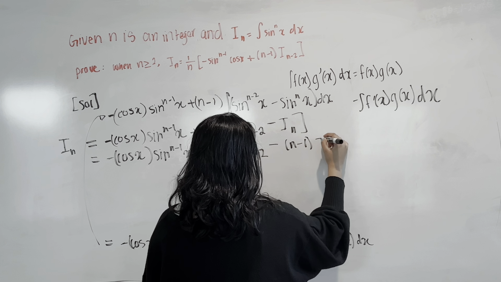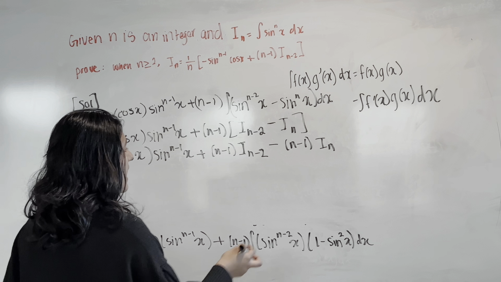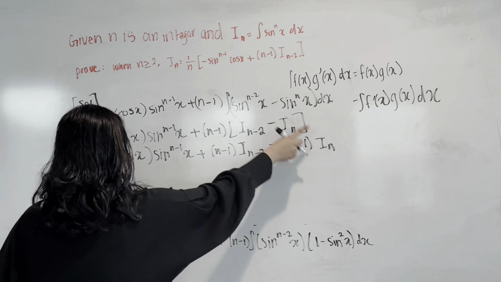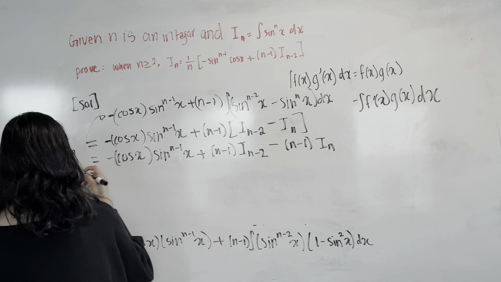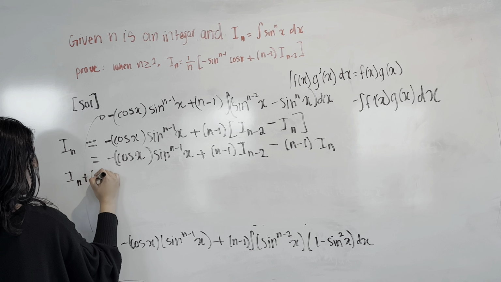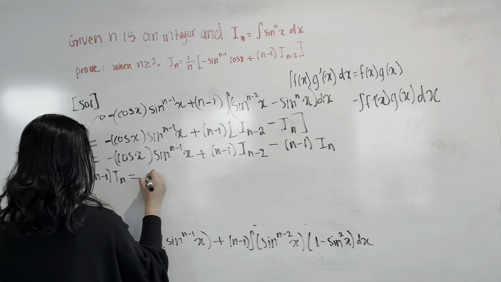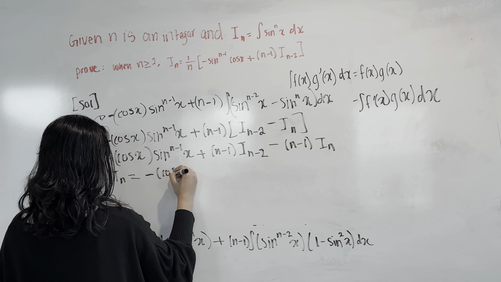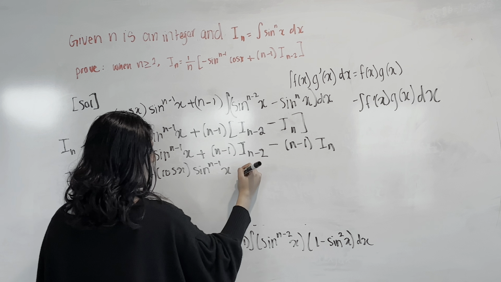Alright, now that we have that, we need to have I n on just one side, but we have one on this side. So let's just take this to this side. And then right now I'm just rewriting everything as it is.